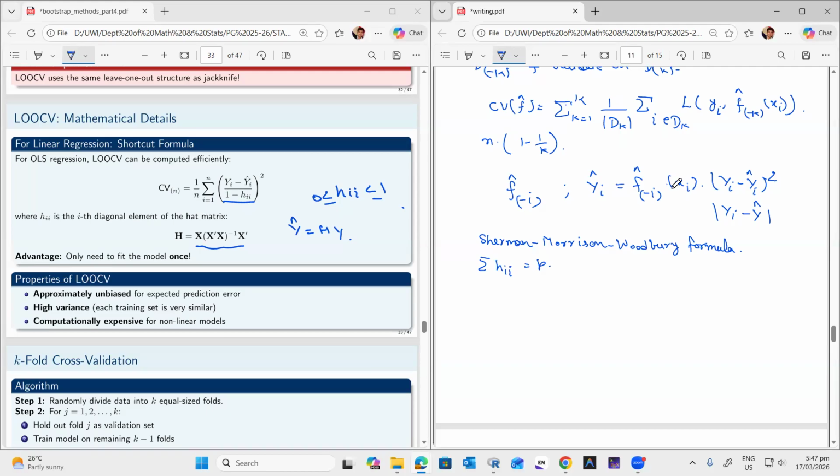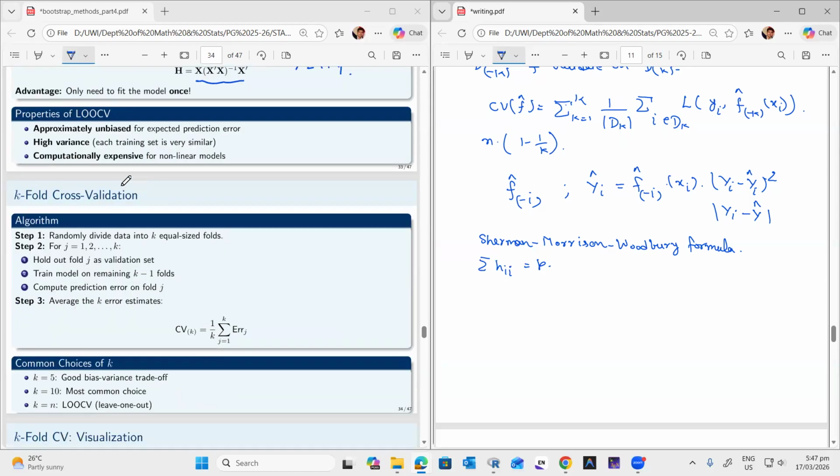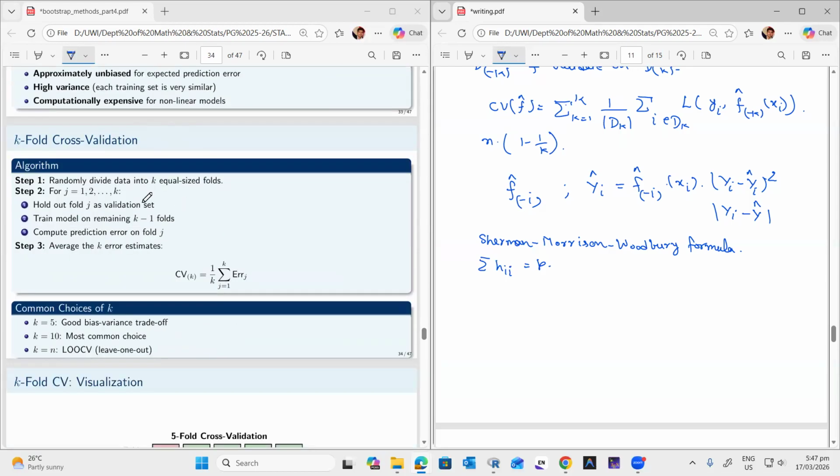After that, we have k-fold cross validation. What we are going to do is randomly divide the data into k equal-sized folds, that is, split into k disjoint subsets of as equal size as possible.